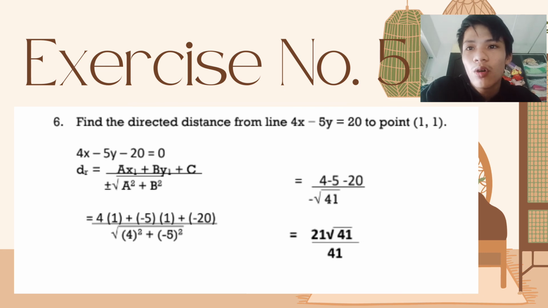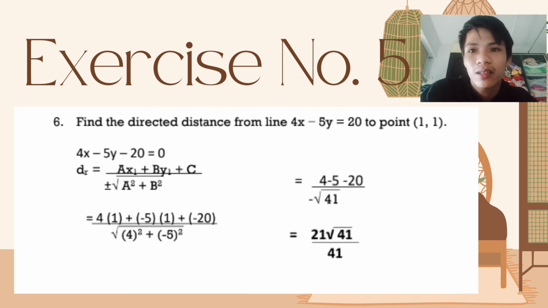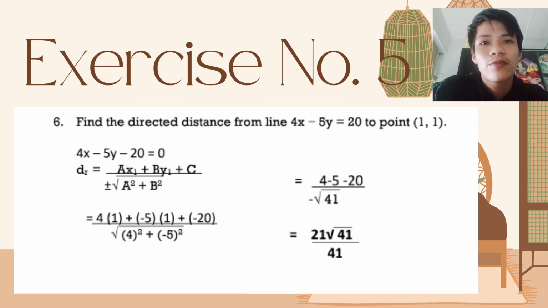So 4 times quantity of 1 plus quantity negative 5 times 1 plus negative 20 over square root of quantity of 4 raised to 2 plus quantity of negative 5 raised to 2. So 4 minus 5 minus 20 over negative square root of 41, and the answer is 21 square root of 41 over 41.